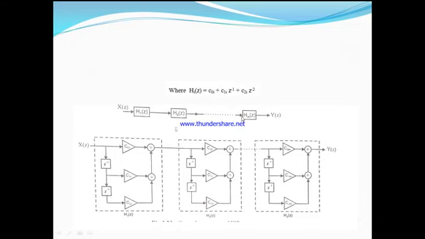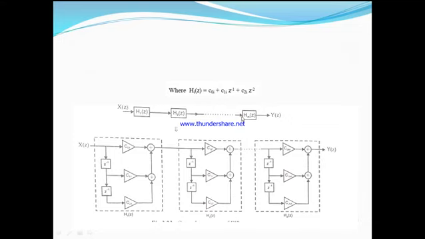Here we have the first section H1 of z. This is the common equation, Hi of z equals c0i plus c1i z power minus 1 plus c2i z power minus 2. So H1 of z equals c01 plus c11 z power minus 1 plus c21 z power minus 2. This individual section can be represented as the individual direct form structure or linear phase structure.